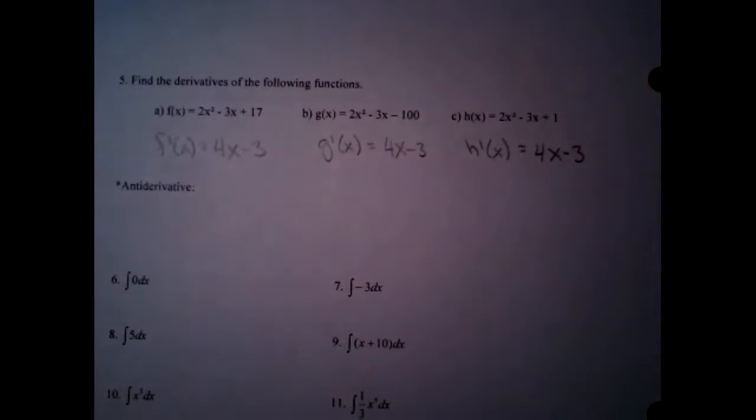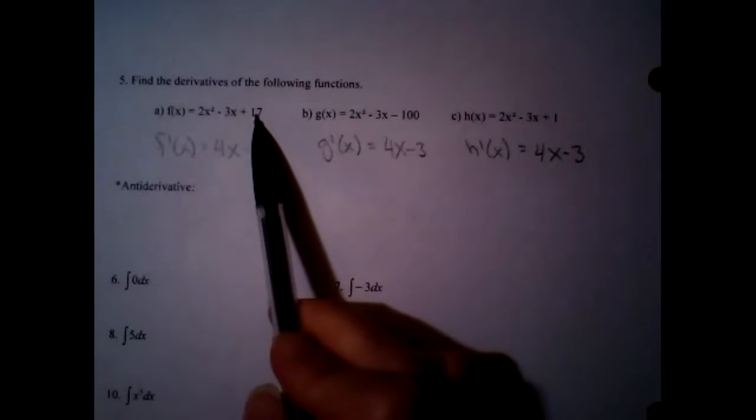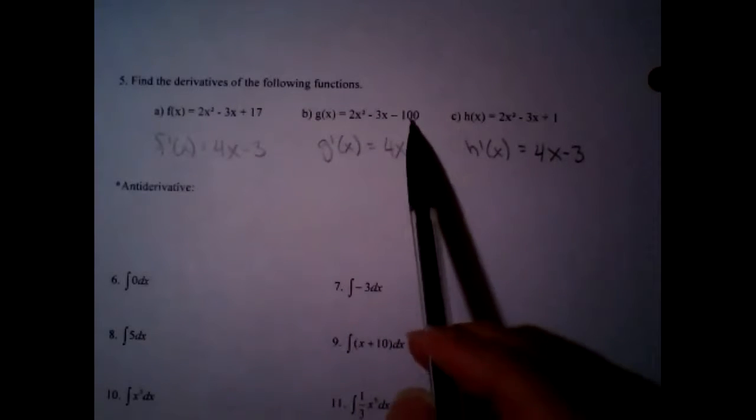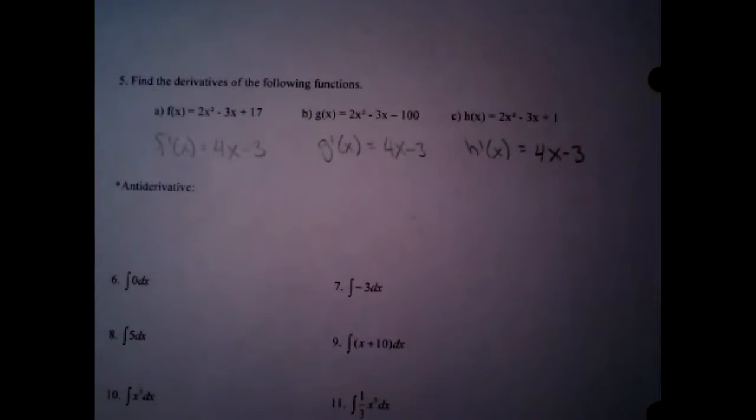So they all end up with the same derivative, but they're not the same function. You can have any constant written at the end, plus 17, plus negative 100, plus 1. The derivative of any constant is going to be 0. So when you do an antiderivative, you always put plus c at the end to show that there could be a plus anything there at the end.